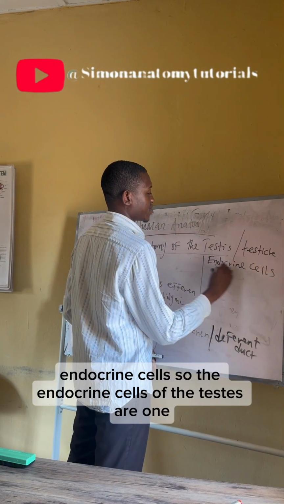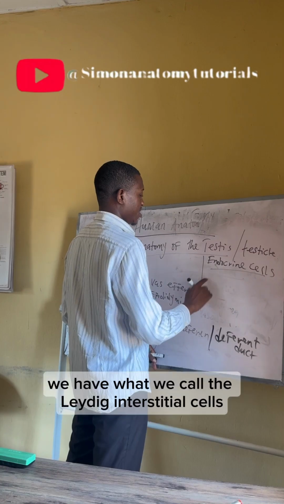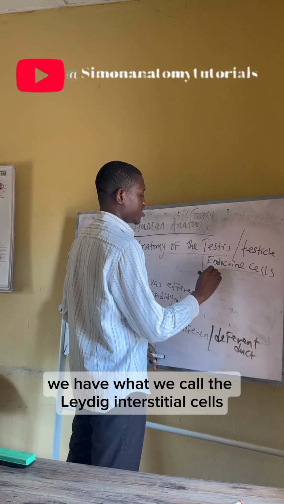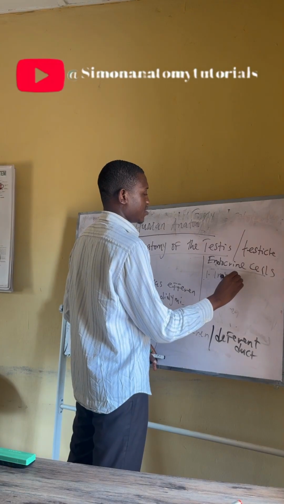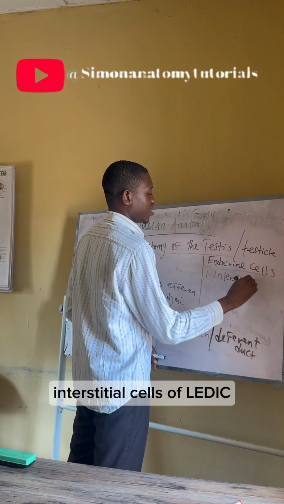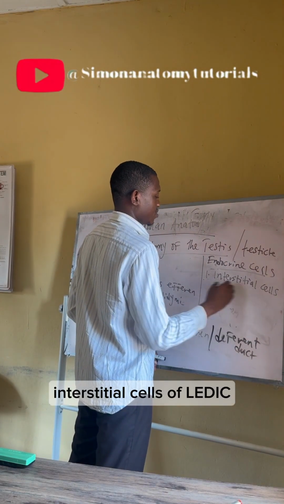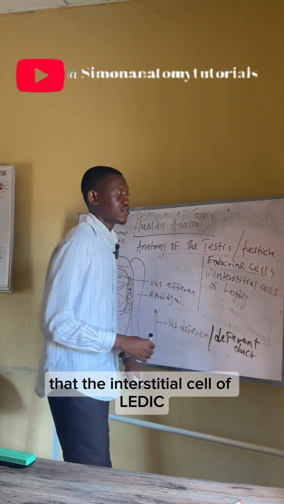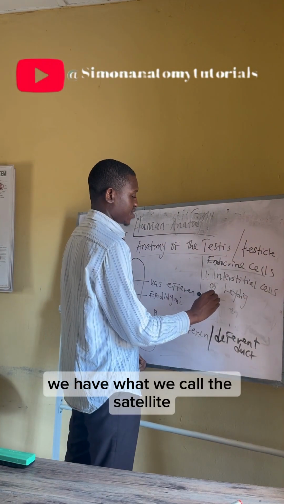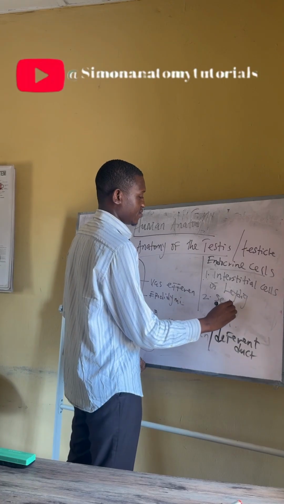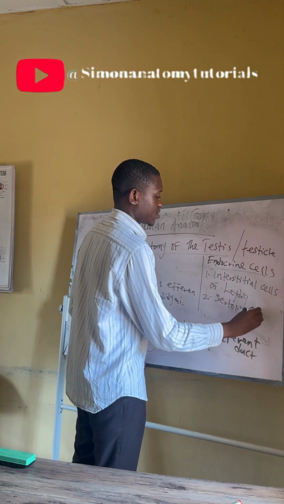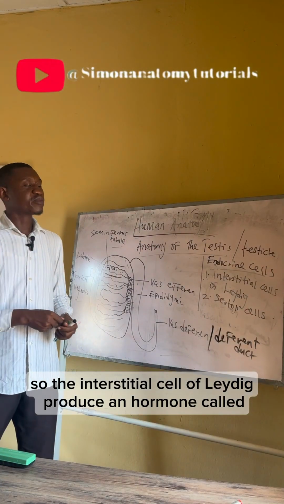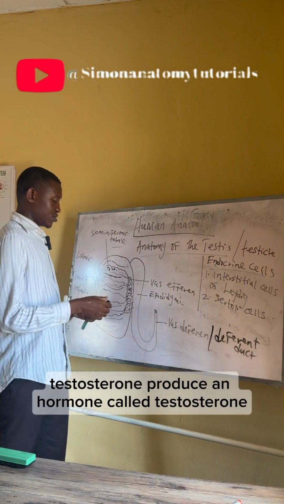The endocrine cells of the testis are, one, the interstitial cells of Leydig, and we also have the Sertoli cells. So the interstitial cells of Leydig produce a hormone called testosterone.